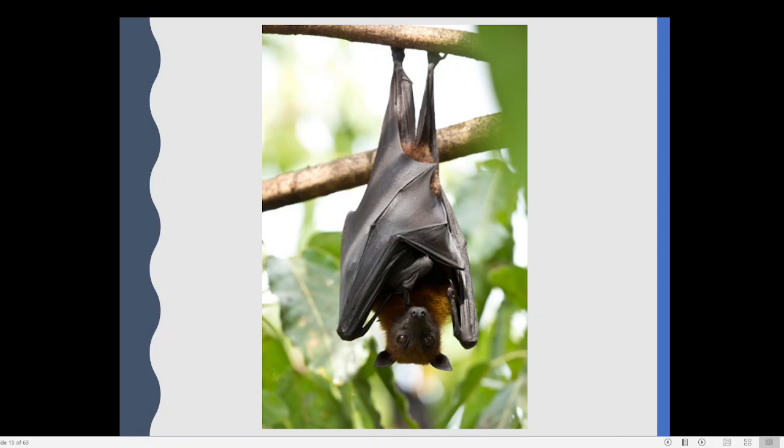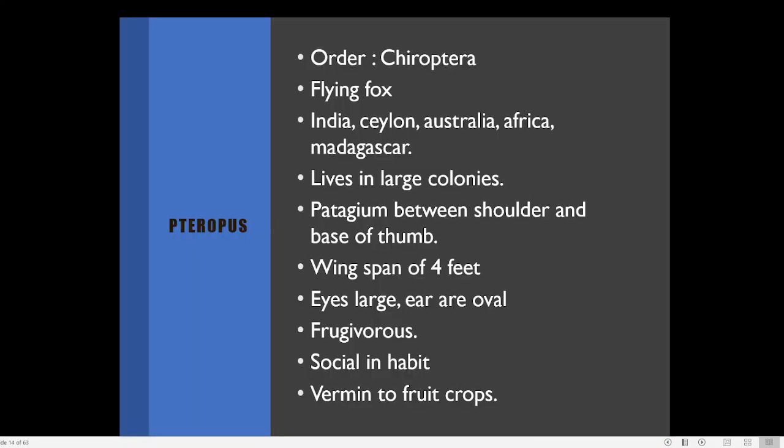Bat looks almost like a dog. If you take a bat in your hand, you can see that the face of the bat is almost like a dog. That is why it is known as a flying fox. Fox and dogs are similar animals. They are common in many parts of the world like India, Ceylon or Sri Lanka, Australia, Africa and Madagascar.